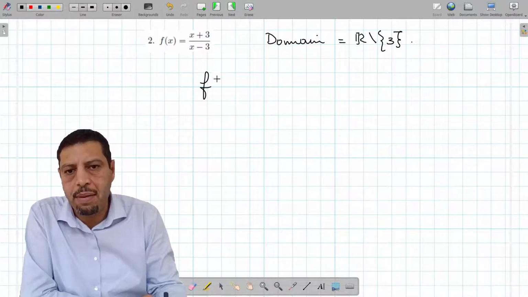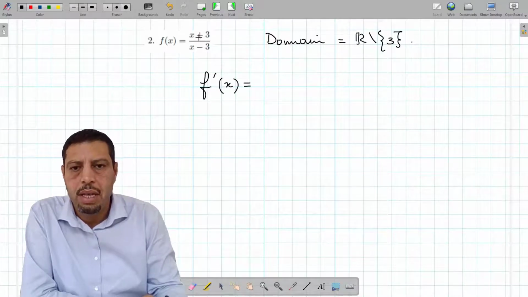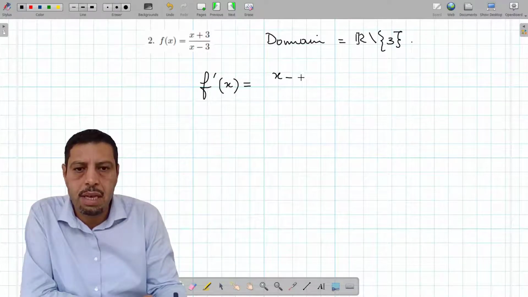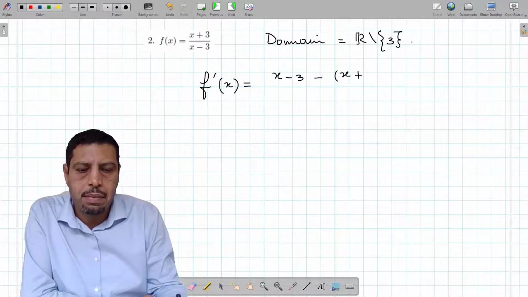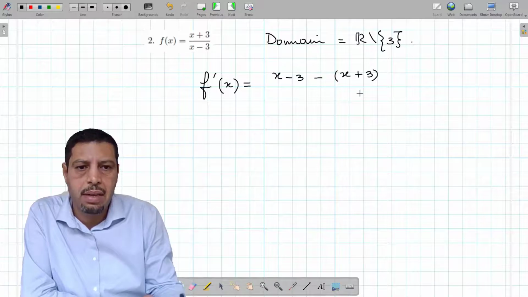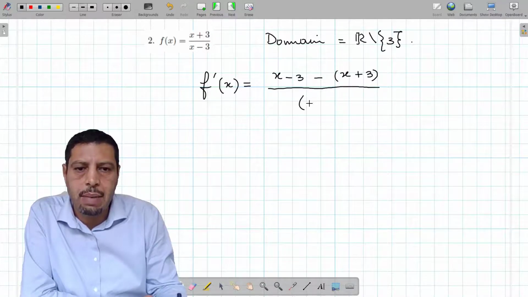Now we compute f prime of x using the quotient rule. So u over v prime is u prime v minus u v prime over v squared. So it's equal to x minus 3 minus x plus 3, since the derivatives of x plus 3 and x minus 3 are 1. So it's simple, over x minus 3 squared.